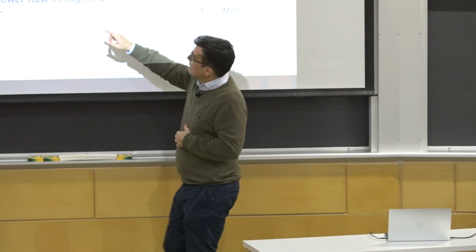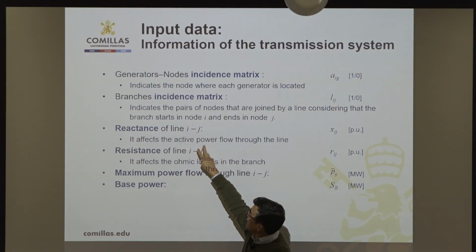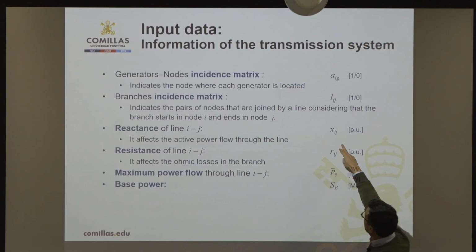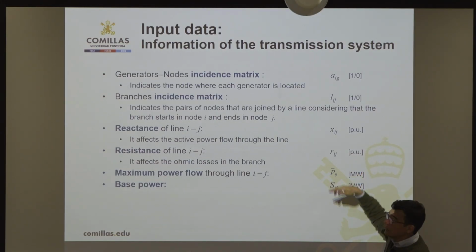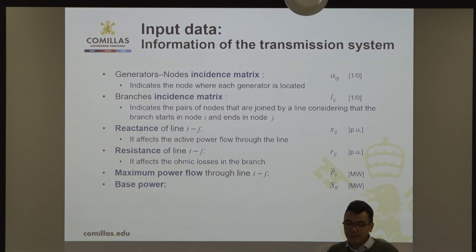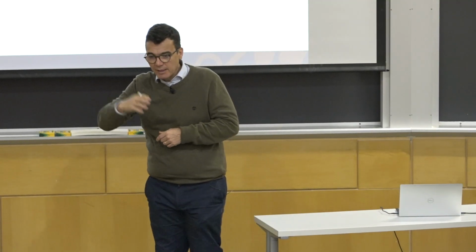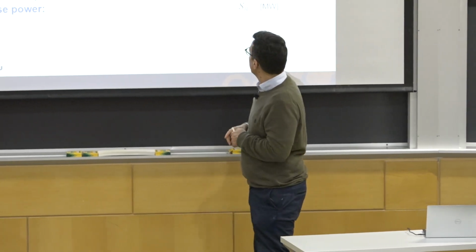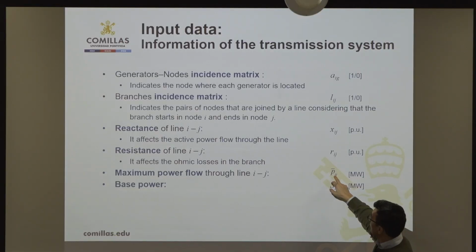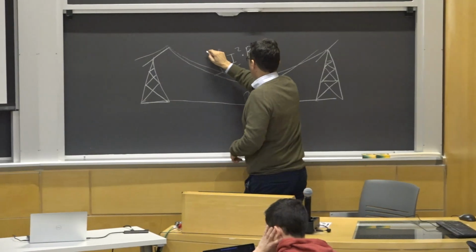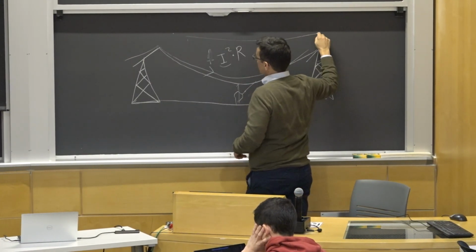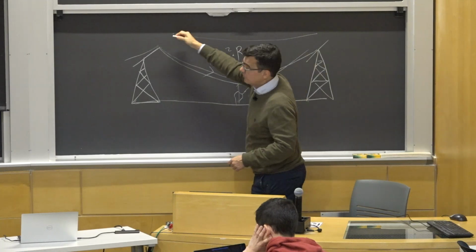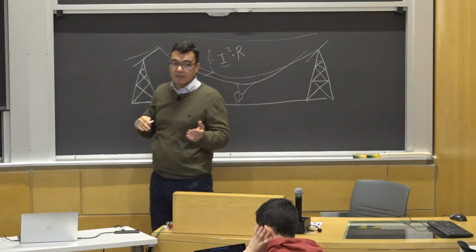Okay, and for every line connecting nodes i and j, you have the reactance and the resistance, which are the imaginary and real part of the impedance expressed in per unit. And finally, we need to tell what is the maximum power flow in one direction. If the maximum power flow from here to here is a given, we can assume that in the opposite direction it will be the same but opposite in sign.